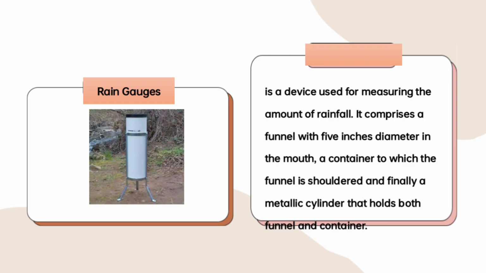So, the rain gauge. A rain gauge is a device used for measuring the amount of rainfall.